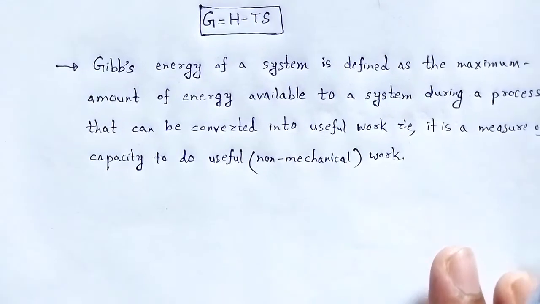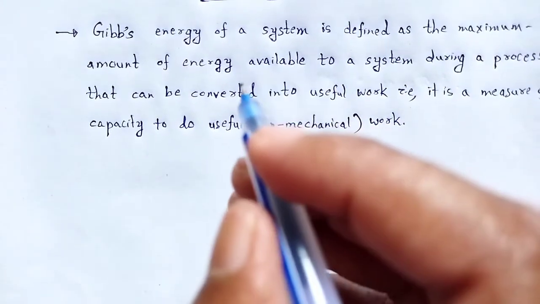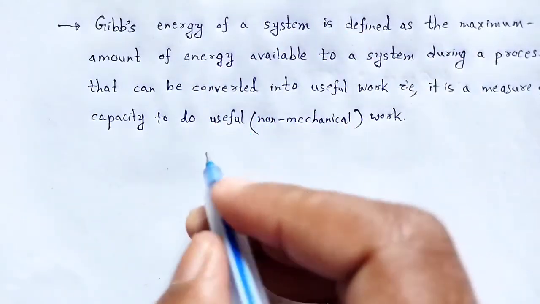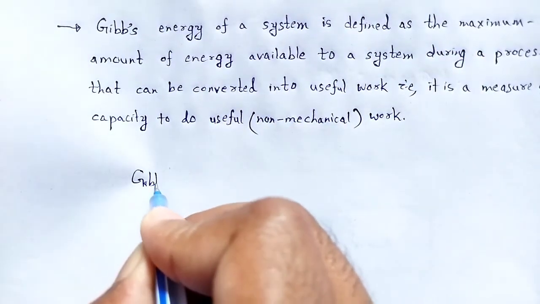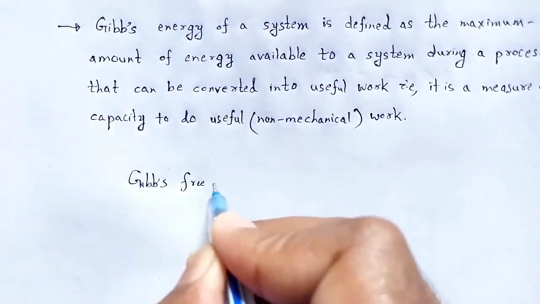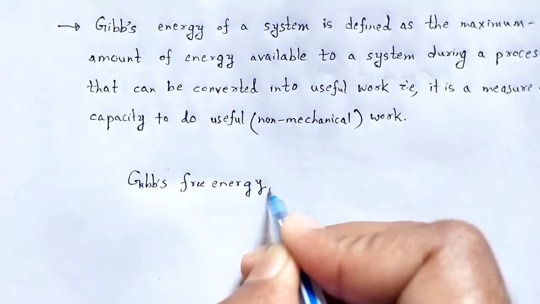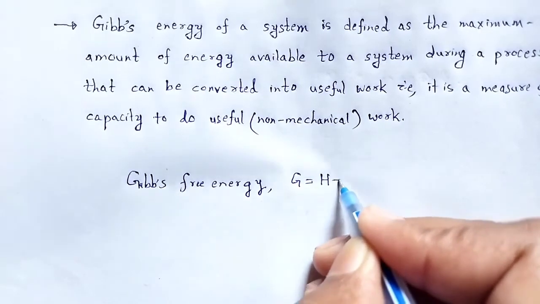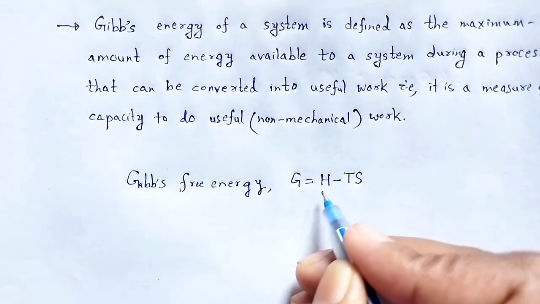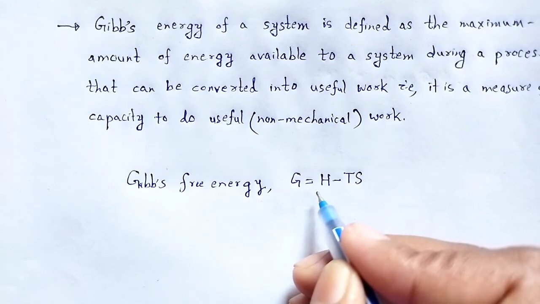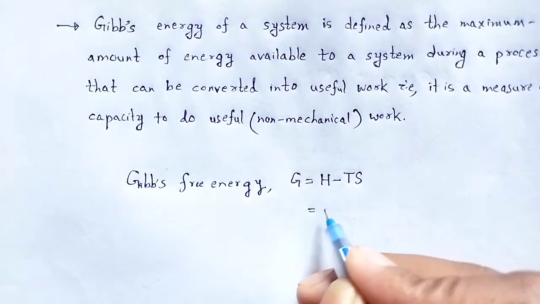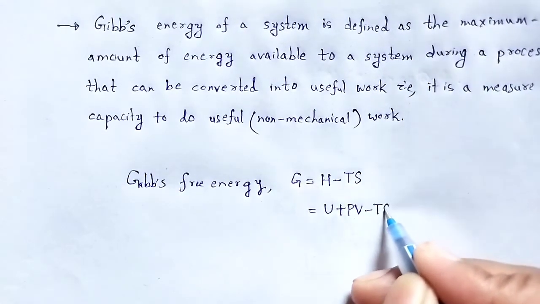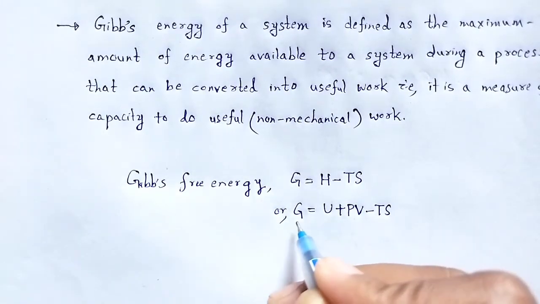Mathematically, the Gibbs free energy G is equal to H minus TS. So in place of H I substitute U plus PV: G is equal to U plus PV minus TS.